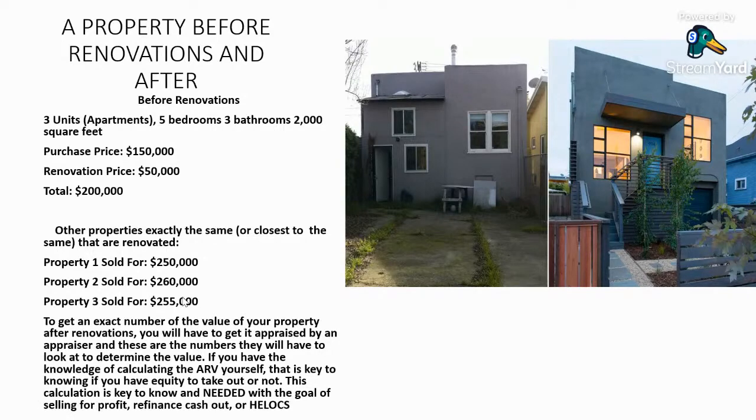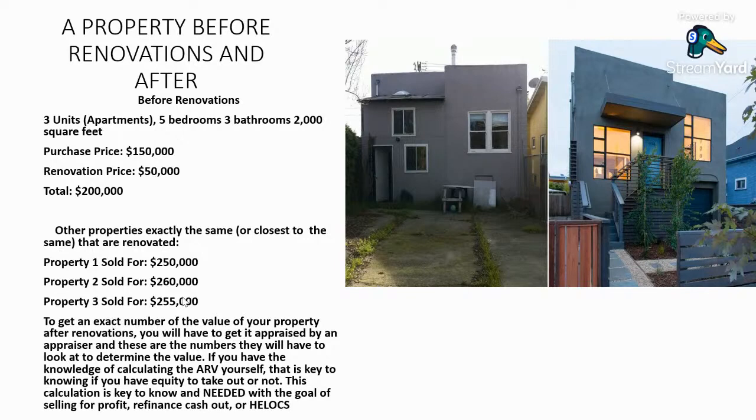These are properties that are similar or exactly the same around the same neighborhood as this property. It can't be 3 highways away, it can't be 20 miles away. It's got to be within the same circumference, within the same neighborhood. These are the kind of properties you're looking for, in the same area.